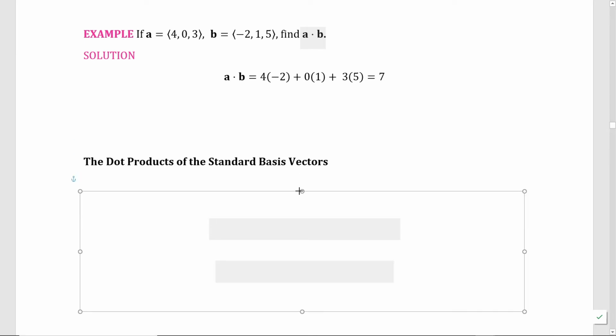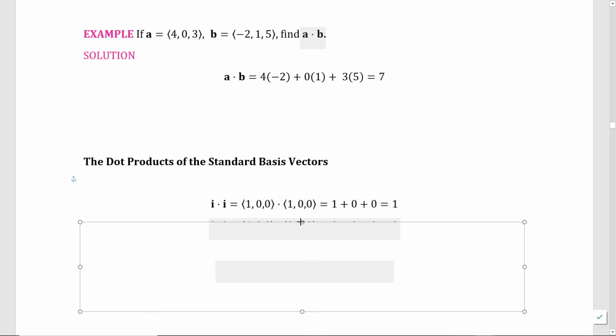Now we'll discuss the dot products of the standard basis vectors i, j, k. Since we know that the components of i are 1, 0, 0, if we compute the dot product of i with itself, we get simply 1. So i dot i equals 1.